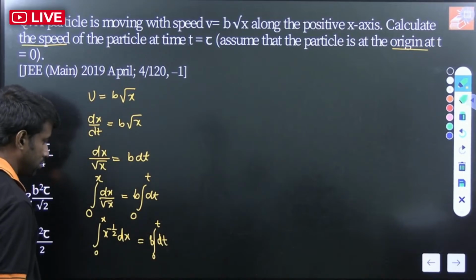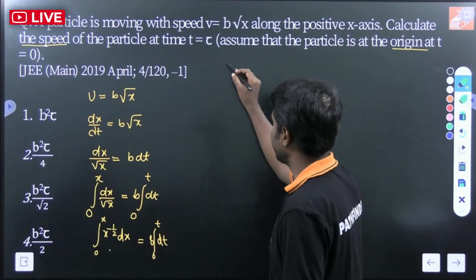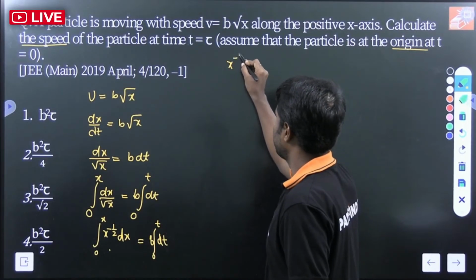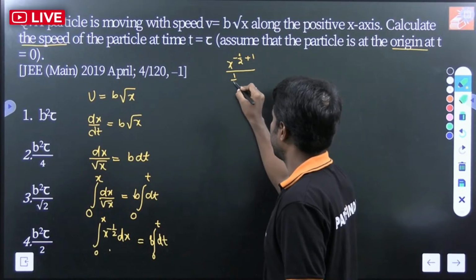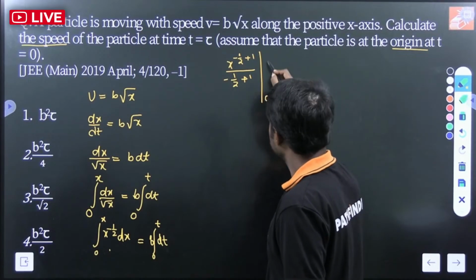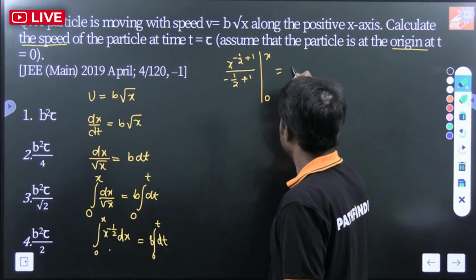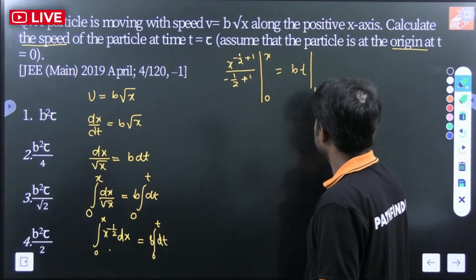If we integrate this one, like the previous question where we integrated x power 1 by 2, that should be x power (minus 1 by 2 plus 1) divided by (minus 1 by 2 plus 1), from 0 to x, equal to b into t. Okay, and the limit is 0 to t.